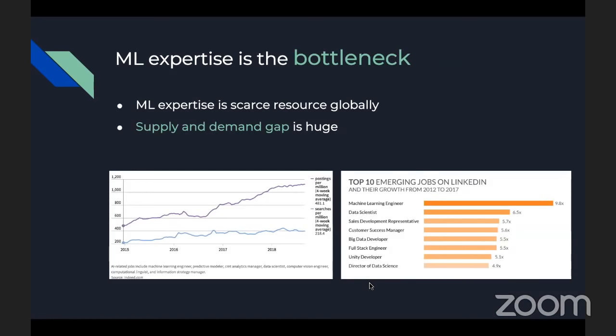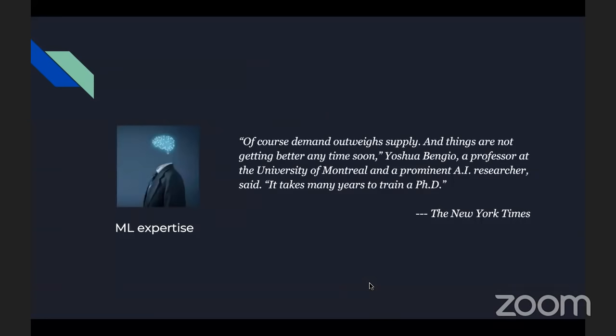Job hunting websites like Indeed and LinkedIn show that there are more and more machine learning engineer and data scientist requirements, but in a short time, we cannot quickly train a lot of machine learning experts to fulfill the requirement. Yoshua Bengio, a very famous machine learning expert, said that it takes years to train a machine learning PhD to be an expert to play with machine learning.